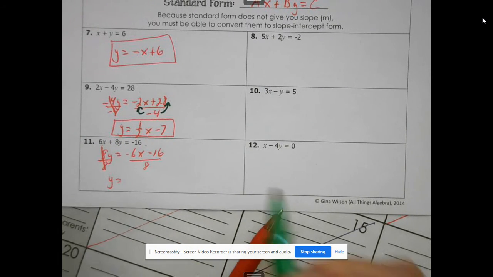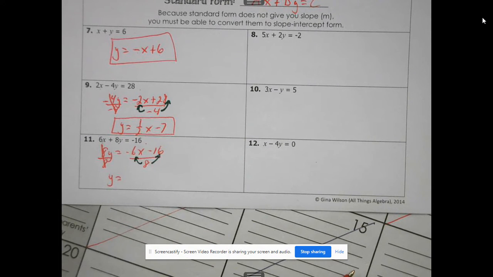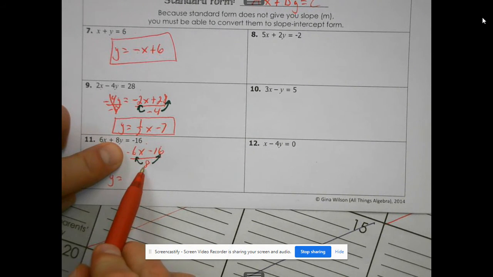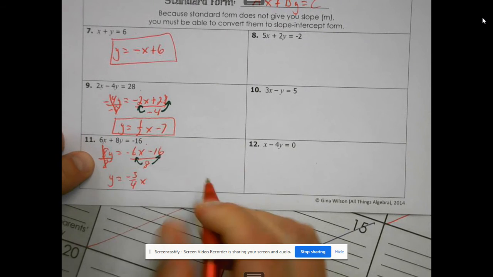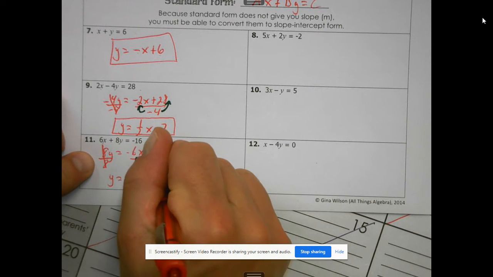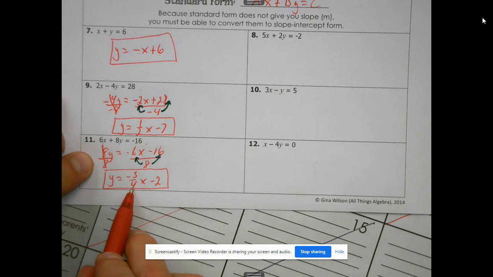And once again, just remember, both pieces get divided by 8. -6 over 8 reduces to -3/4. Bring down the x. -16 divided by 8 reduces to -2. Slope is -3/4. Y-intercept is -2.